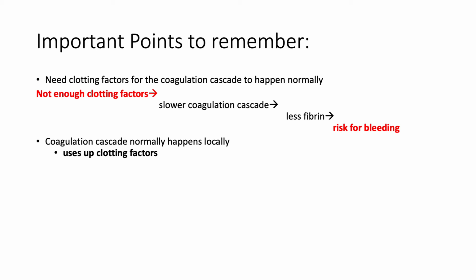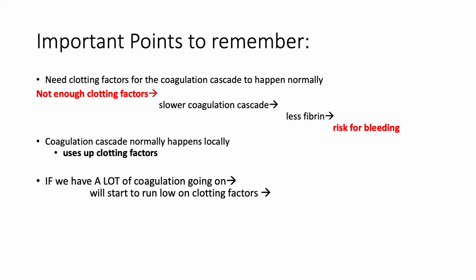What if a patient had a lot of coagulation going on? And not just locally, but what if the coagulation was in hyperdrive, going on all over the body? If that happened, then not only would we end up with a lot of fibrin and clots all over the body, but because the coagulation cascade uses up clotting factors when the cascade is going, we would also start to use up factors in this widespread coagulation.